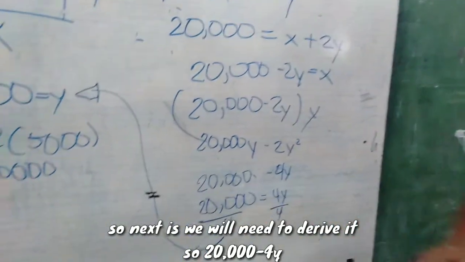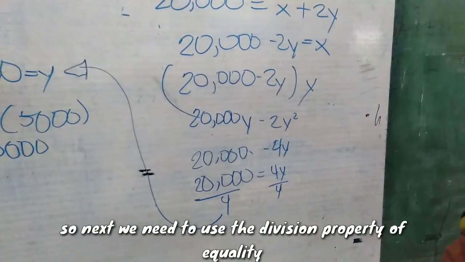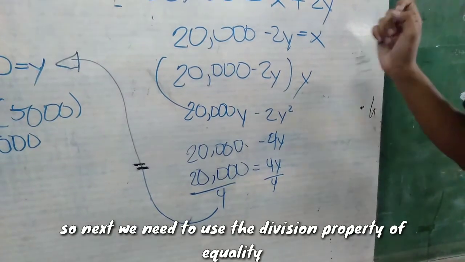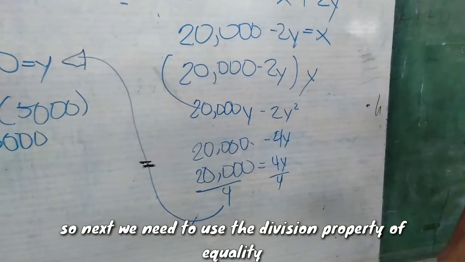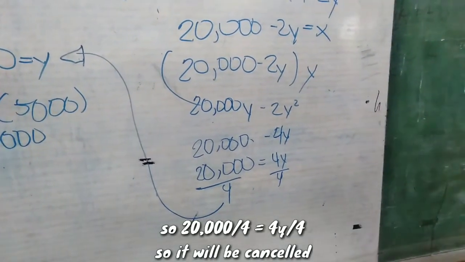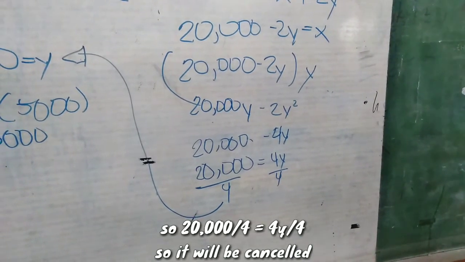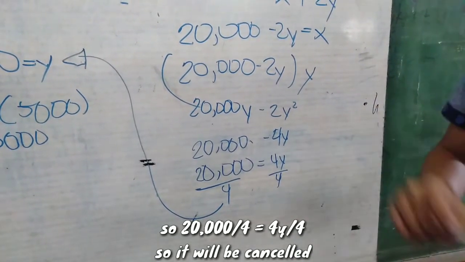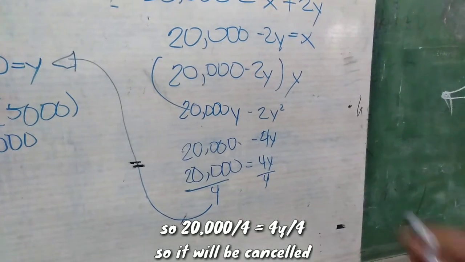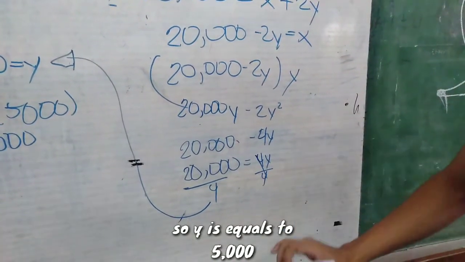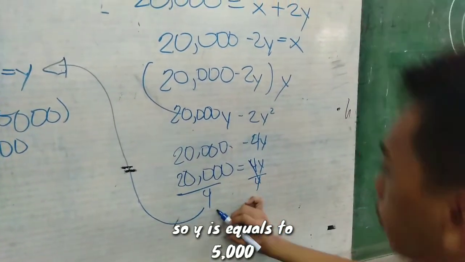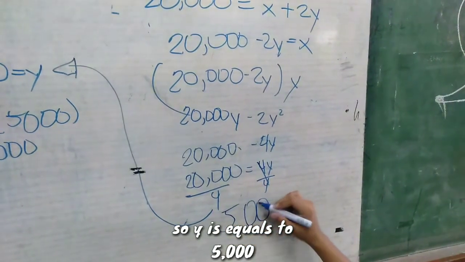So 20,000 minus 4y. We need to use the division property of equality. So 20,000 divided by 4 is equal to 4y divided by 4. So it will be cancelled. So y is equal to 5,000.